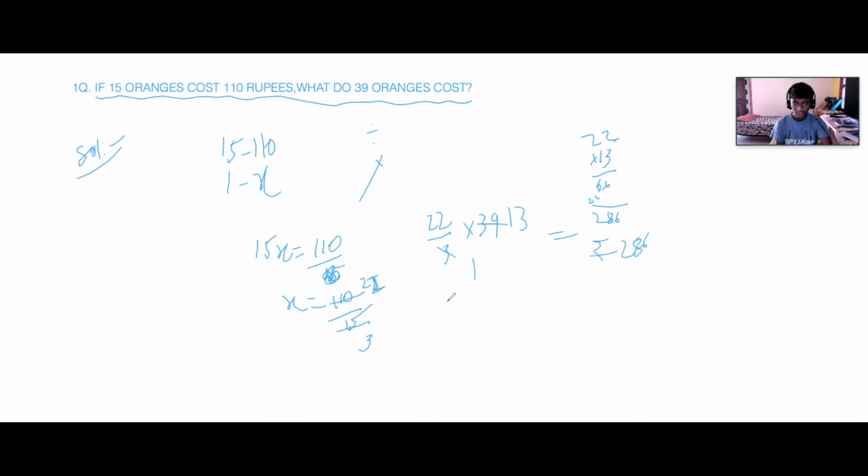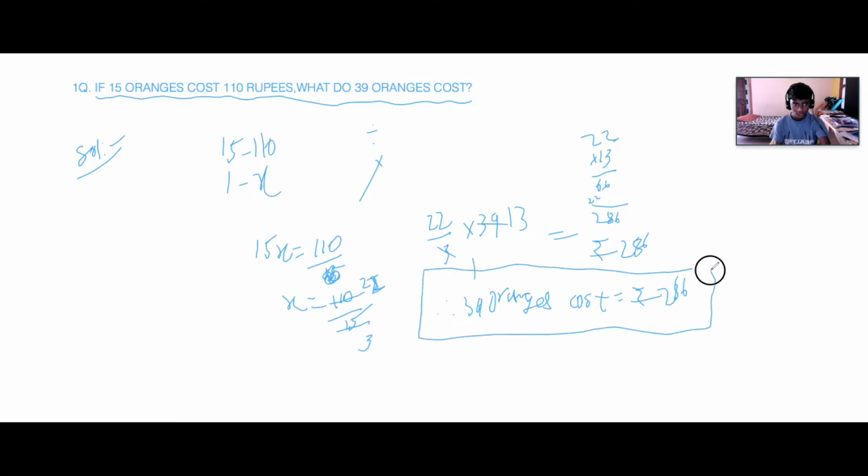You write the conclusion like this, friends: therefore 39 oranges cost rupees 286. So this is the solution, and you can write it in your notebook.